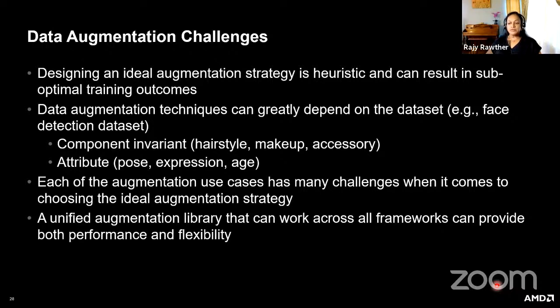So you might have to invent new augmentation strategies depending on your dataset as well, because the existing ones may not work for all datasets. And each of the augmentation use cases has many challenges when it comes to choosing the ideal augmentation strategy. And that calls for a unified augmentation library that can work across all frameworks and can provide both performance and flexibility.